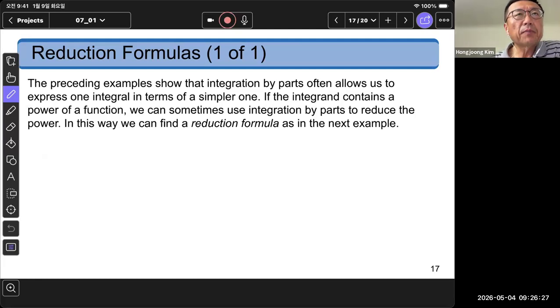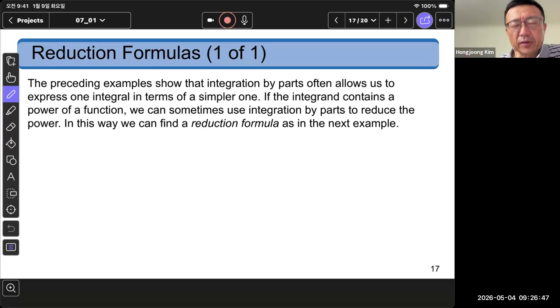So the preceding examples show that the integration by parts allows us to express one integral in terms of a simpler one. And if the integrand contains a power of a function, we can sometimes use integration by parts to reduce the power.